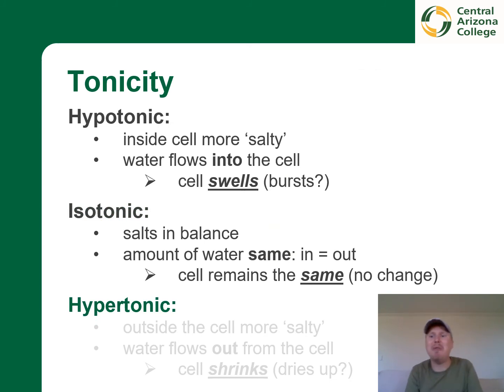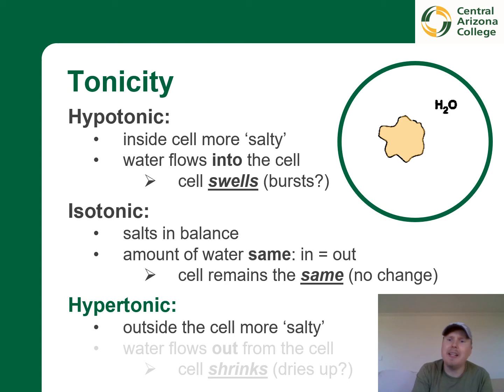Okay, let's have a look at the final one. This will be hypertonic cells. In hypertonic cells, the inside of the cell is less salty than the outside. So in other words, the outside is more salty. What does this cause to happen?